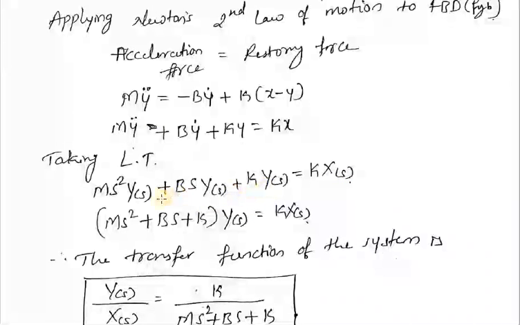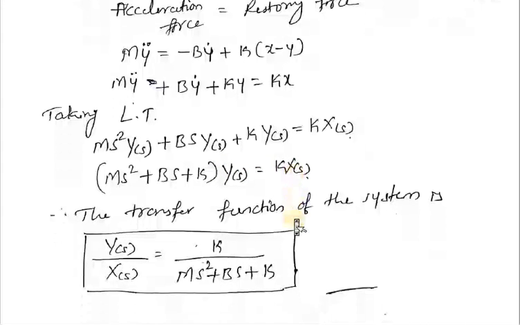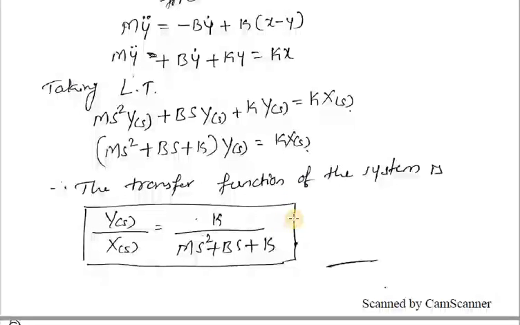In these terms, y of s is common, so take that as a common term, equal to k into x of s. As we defined earlier, y of s is the output and x of s is the input. Our transfer function definition is the ratio of the Laplace transformation of output to input.